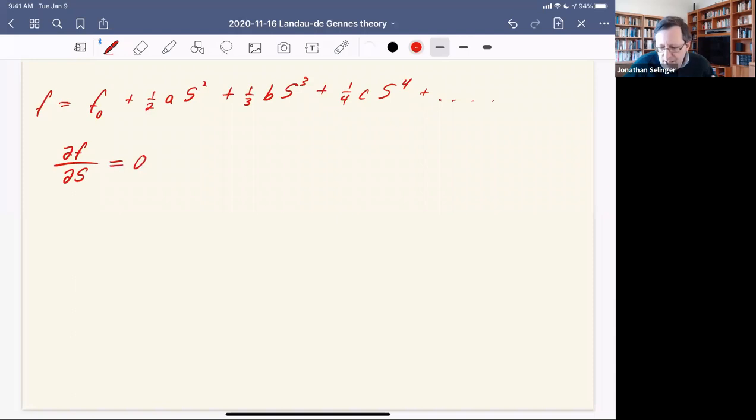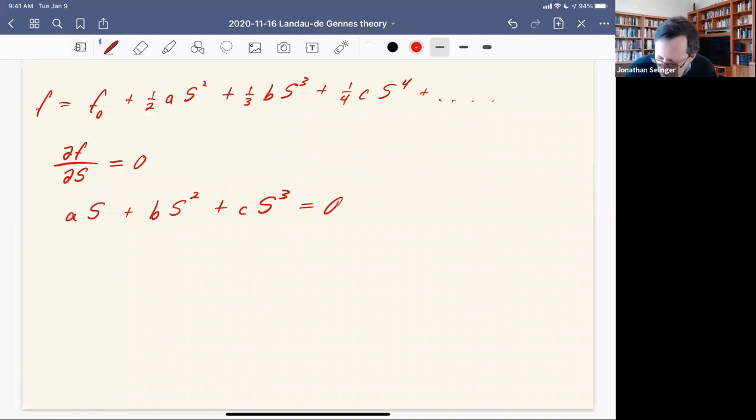All right, that's an equation for a minimum or a maximum. So that means let's take the derivative. A S, right, that's the derivative of the quadratic term, plus B S squared plus C S cubed has to equal 0.